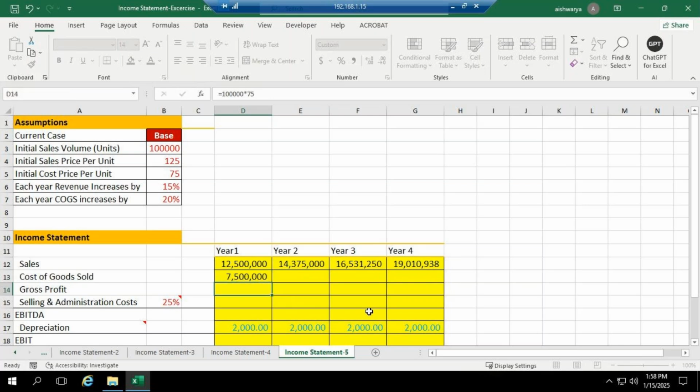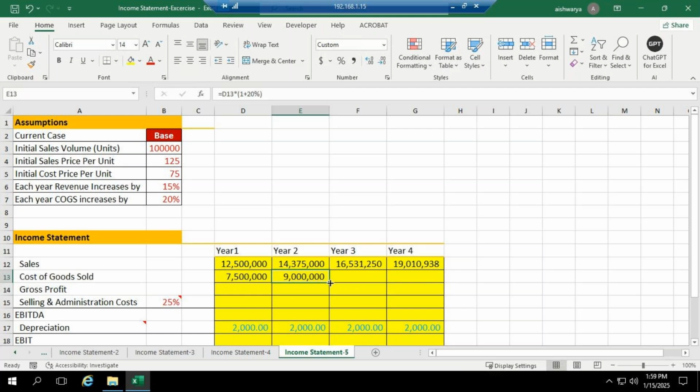So this is the cost price. Then from year 2, COGS each year increases by 20%. So that means it is equal to this value into, open the bracket, 1 plus 20%. Now close the bracket and then press enter. See now.